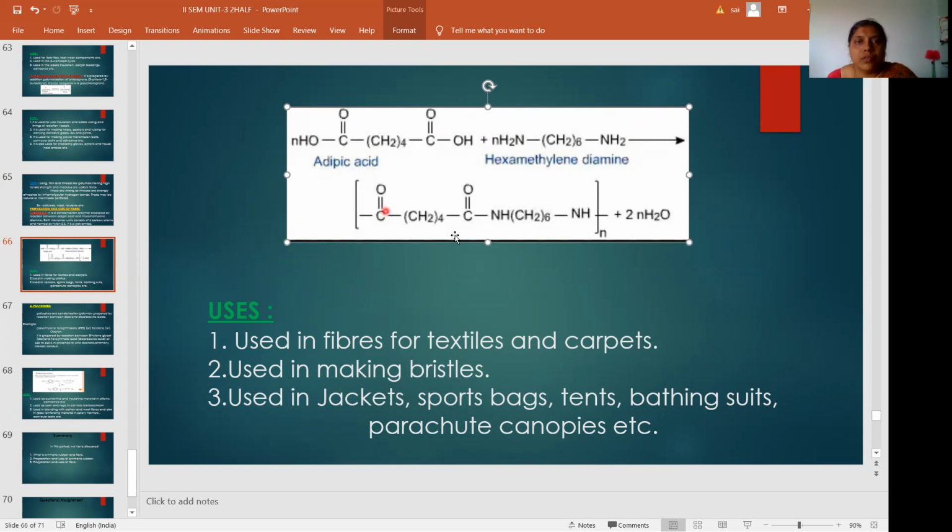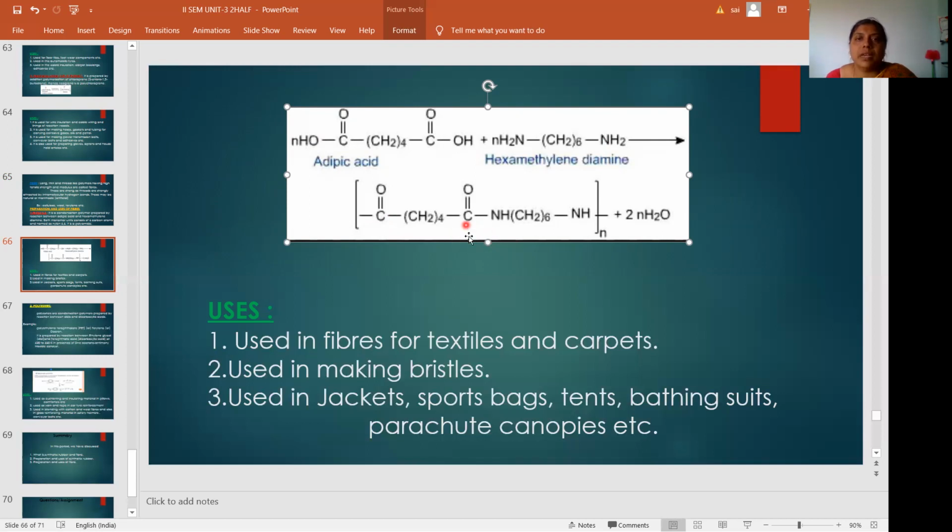OH will be removed, CO, CH2 4 taken by CO, and here H will be removed, NH, CH2 6, NH. Like that it goes on. Adipic acid and hexamethylene diamine groups are added together. Like this we get a fiber called nylon 6,6. It is a polymer. It is not plastic, it is not rubber. It is a fiber.